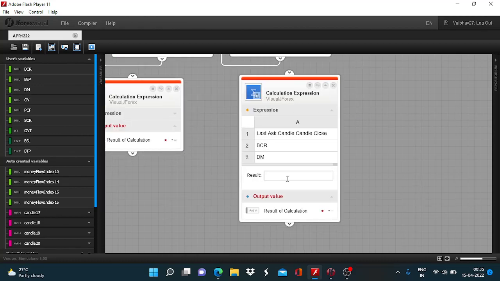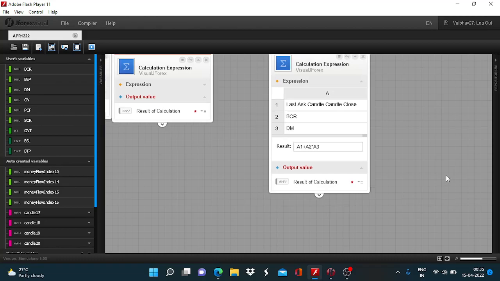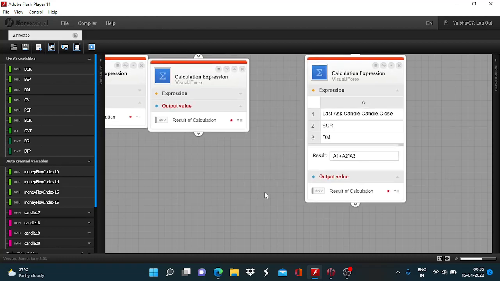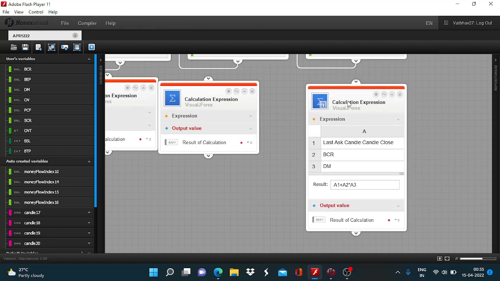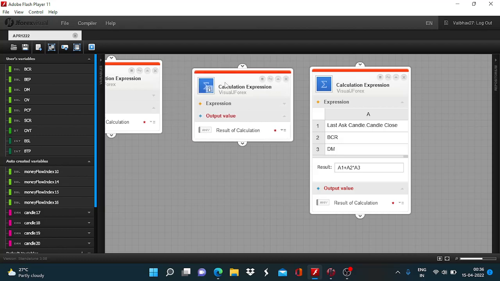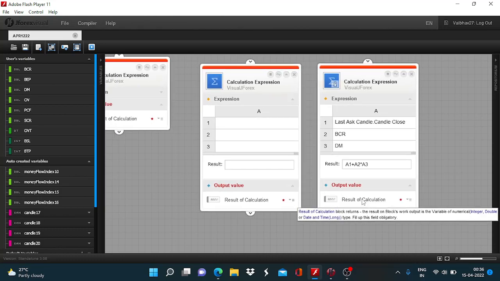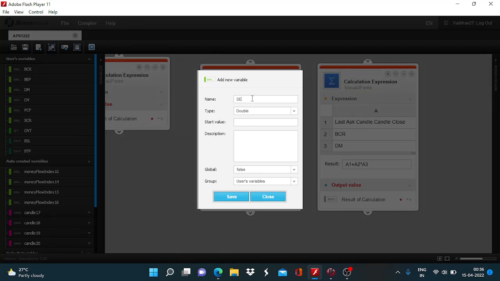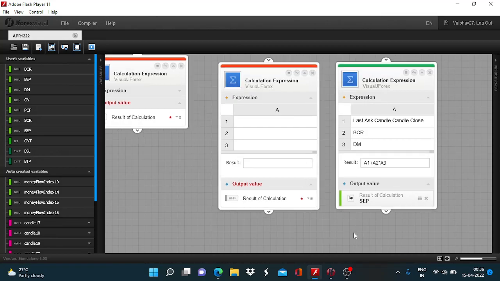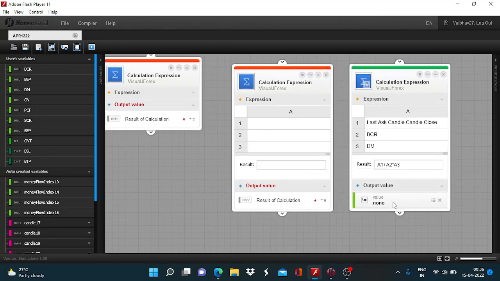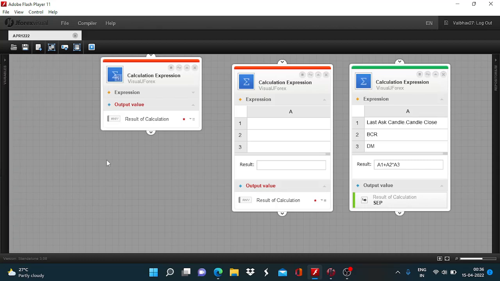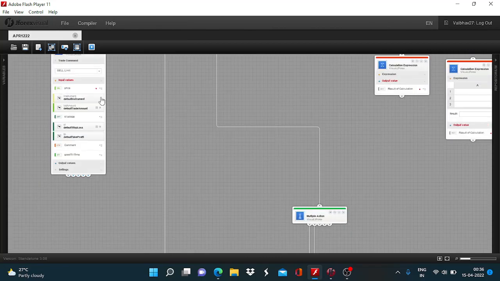So this will be a 1 plus a 2 into a 3, and this will be our sell execution point as E, which we need to put in the trade command block.